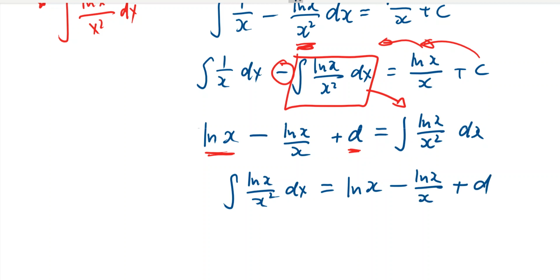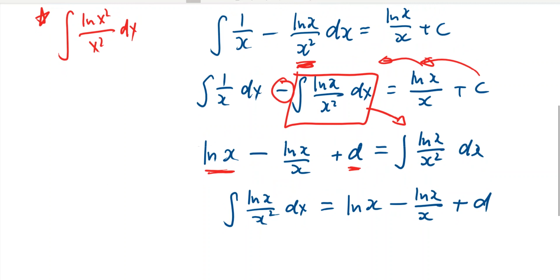But what do I want? My objective is ln x squared, which is here. Now think again: what is ln x squared equal to? The first thing is, once you see a power in a log, you have to think of bringing it down: ln x squared is 2 ln x. So I need to make sure there is a 2 ln x inside.